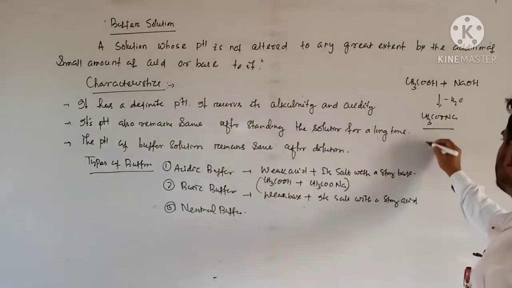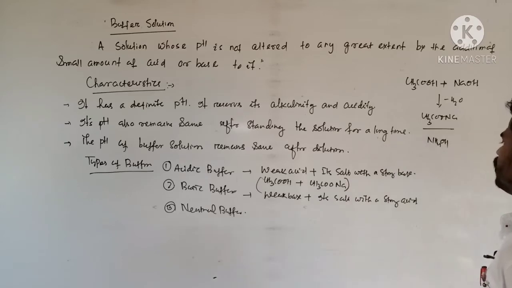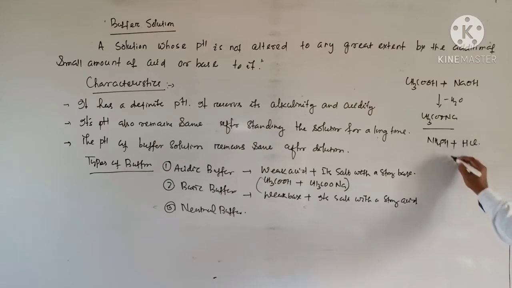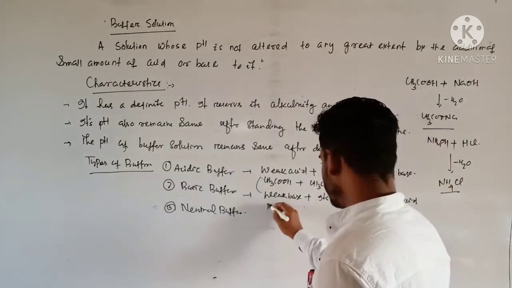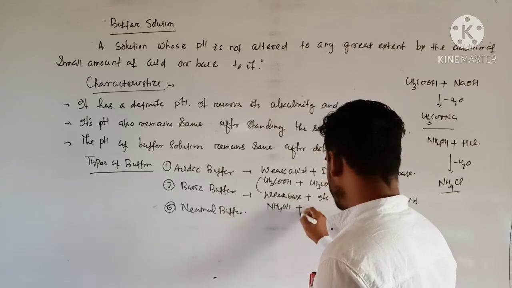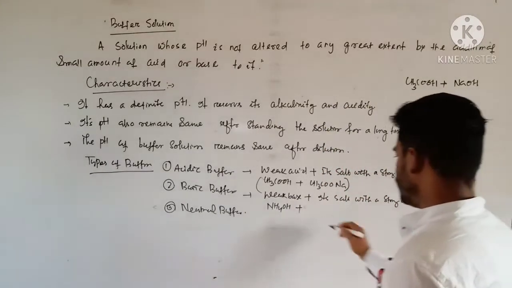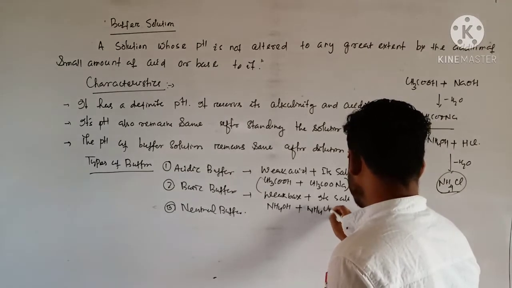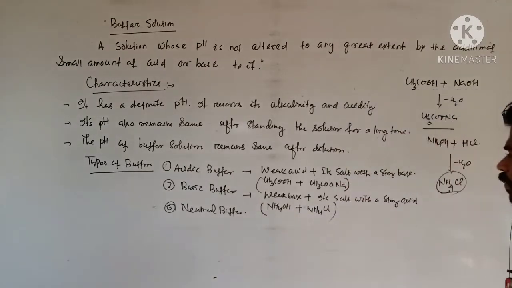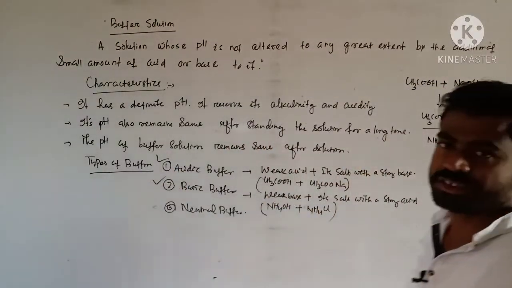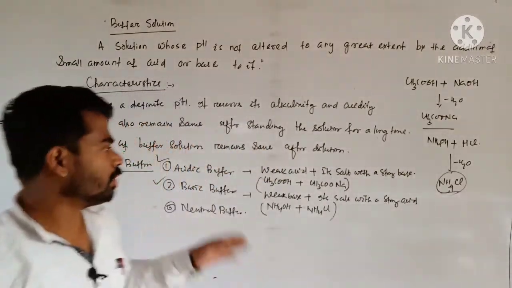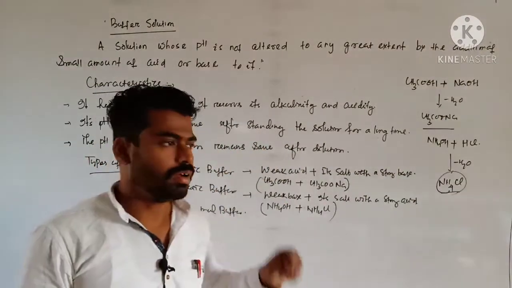Weak base you can consider NH4OH, plus its salt with a strong acid, say HCl. Elimination of water, neutralization, gives NH4Cl, which is the salt. So weak base NH4OH plus its salt with strong acid NH4Cl is the example of basic buffer. So now let us discuss buffer action.